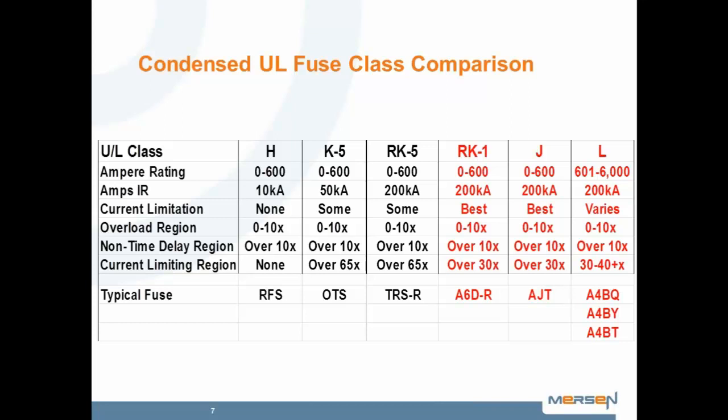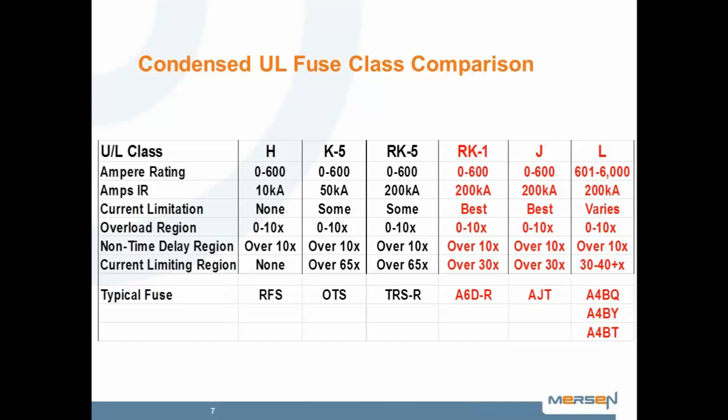So if you had a 1 amp fuse, it should cut in with 65 amps. It's not a hard and fast rule, but if you have a 30 amp fuse, 30 times 65, that's when UL would require the current limitation begin. And we will review that in depth in some other slides later.